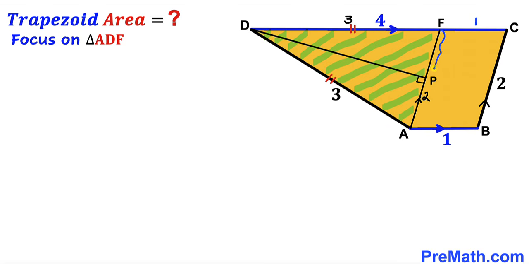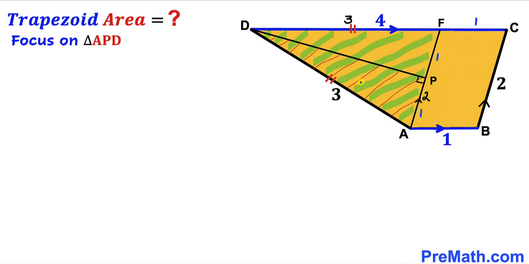Segment FP is going to be equal to segment PA, and we know that the whole side AF is 2 units. So segment FP is going to be 1, and likewise segment AP is going to be 1 as well.